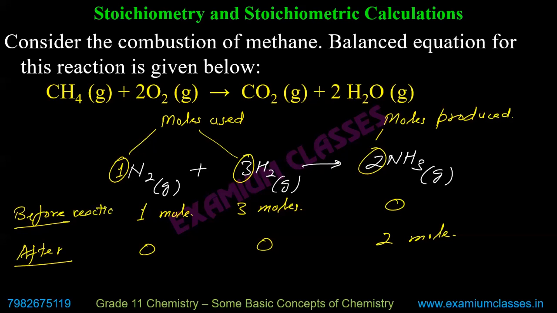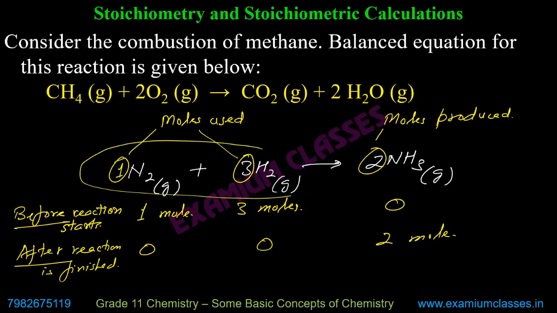After the reaction is finished, these two will have reacted. These will not be present, that's why their moles are zero. Initially, there was no product at all because there was no reaction, so that's why ammonia was zero.